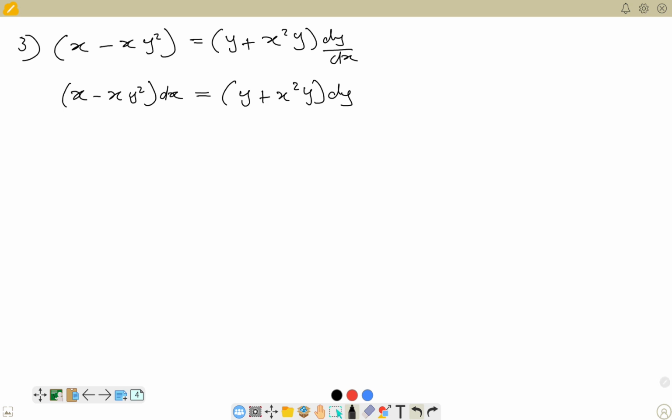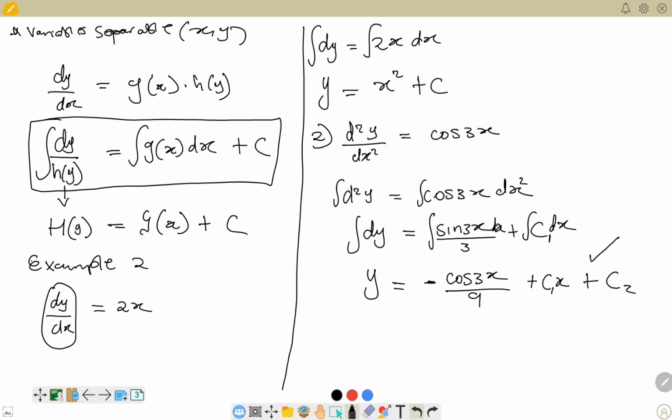If we look at our general formula, I said let's try to make y on the left hand side and x on the right hand side.